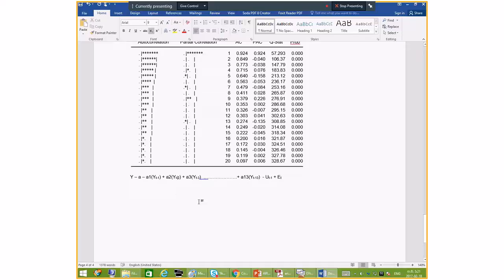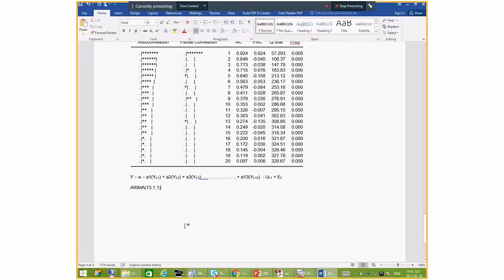Then our ARIMA model we write like this: ARIMA, 13 autoregressions, 1 difference and 1. Right, this is the way we write our ARIMA model.